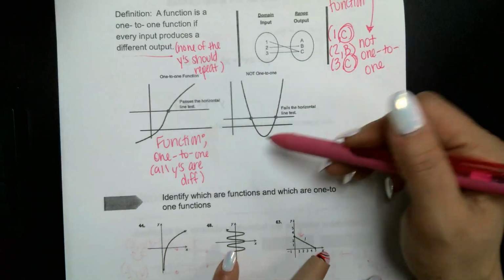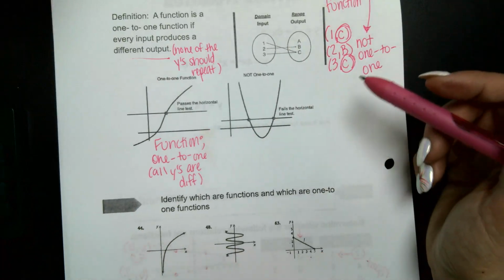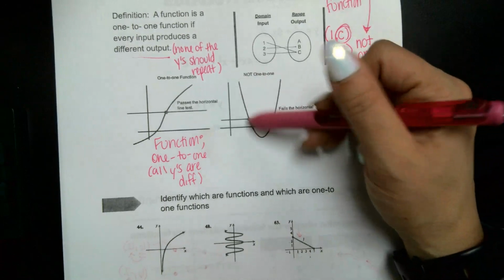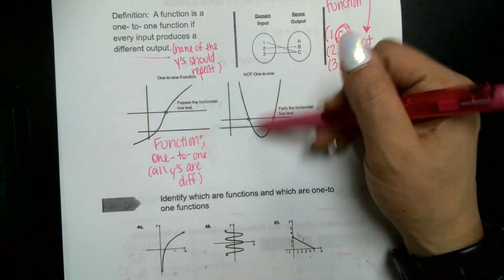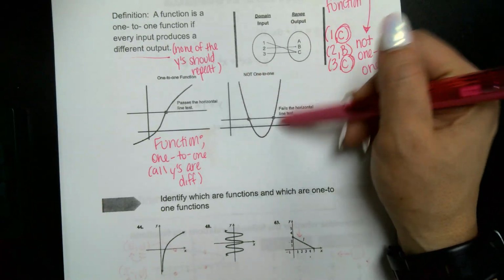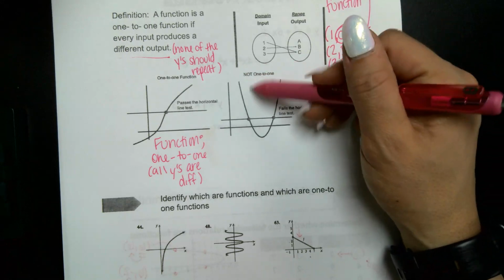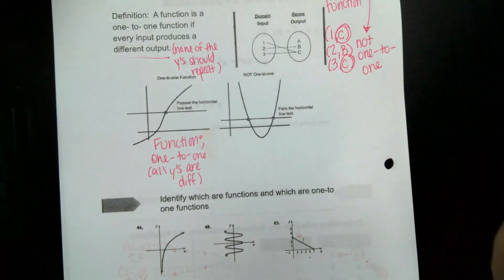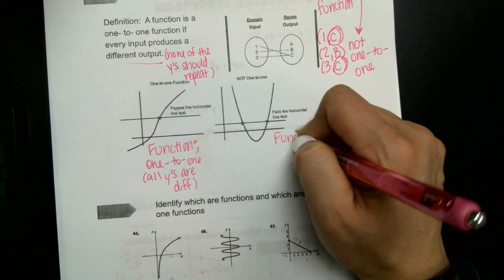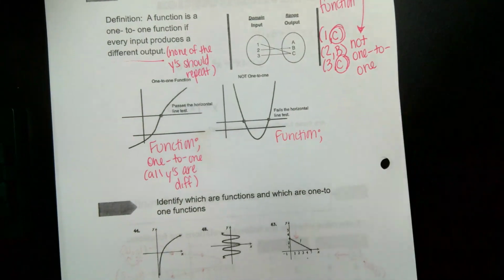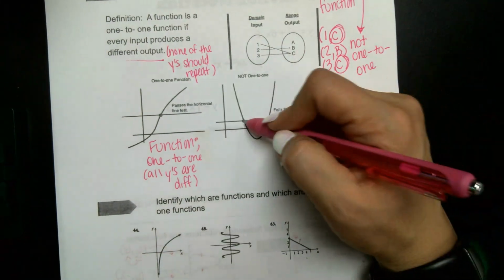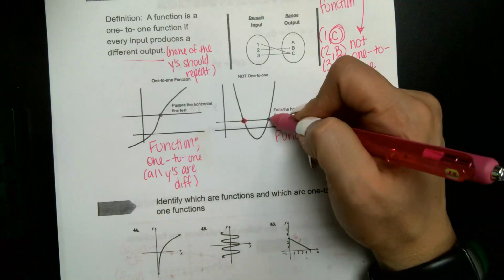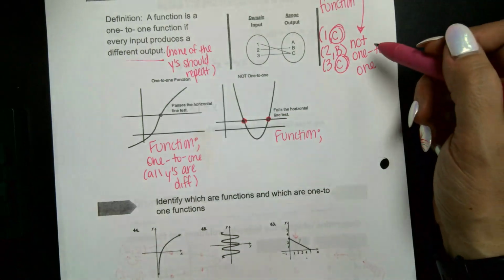Now for this one, is it a function? So are any of our x values the same? Well, no, none of this parabola, we wouldn't see any x's that would be the same. So it's definitely a function. But as far as the y's go, isn't this point right here the same height as that point?